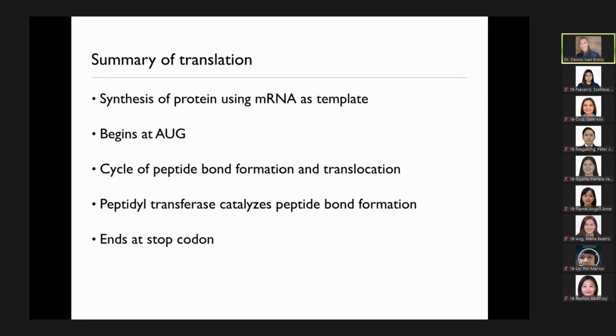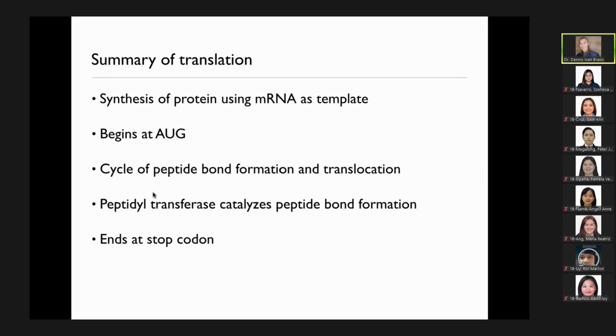So let's summarize translation and end today's lecture. It is defined as the synthesis of protein or polypeptide using mRNA as the template, and the process begins with the start codon, AUG, which also codes for methionine, or formylated methionine in case of prokaryote.